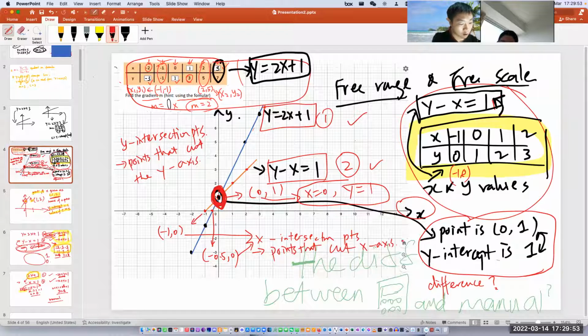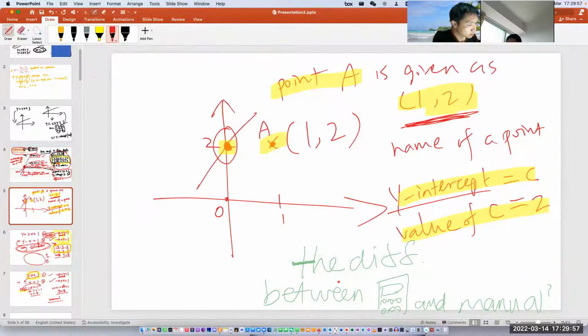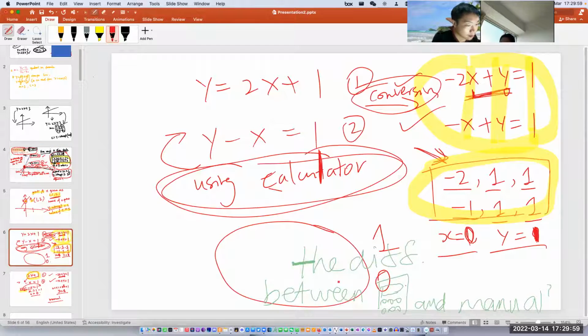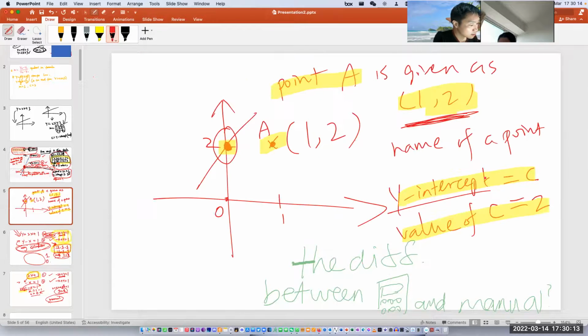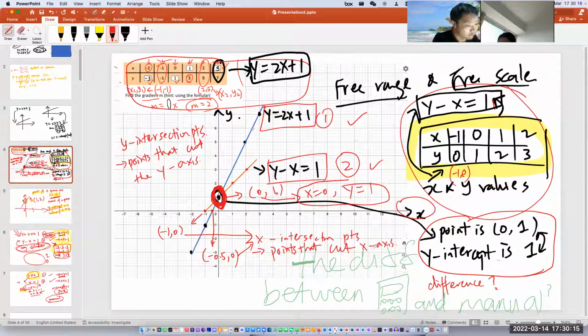I show you the calculator method, which is on this slide. You get x equal to 0, y equals to 1. I show you the manual method, x equal to 0, y equals to 1. And ultimately, I show you the graph, x equal to 0, y equals to 1.